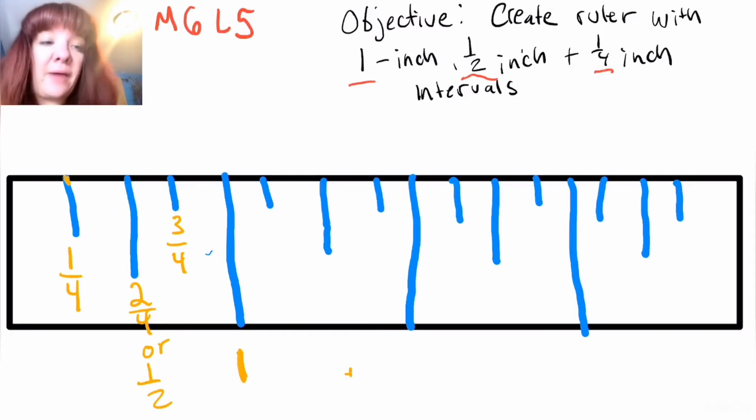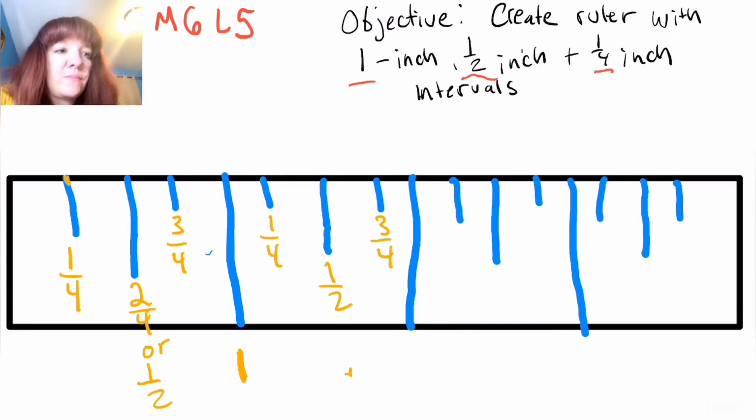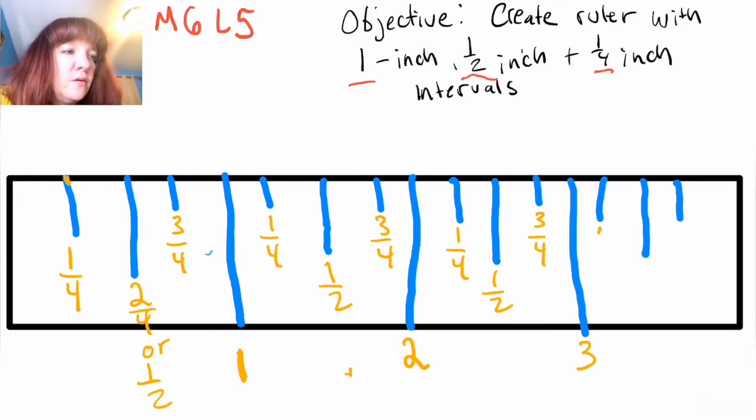If we're counting by fourths and halves, we'll do the same thing here. So this is still 1/4, 2/4 or 1/2, and 3/4. And this is 2. 1/4, 1/2, 3/4, 3. 1/4, 1/2, 3/4, 4.